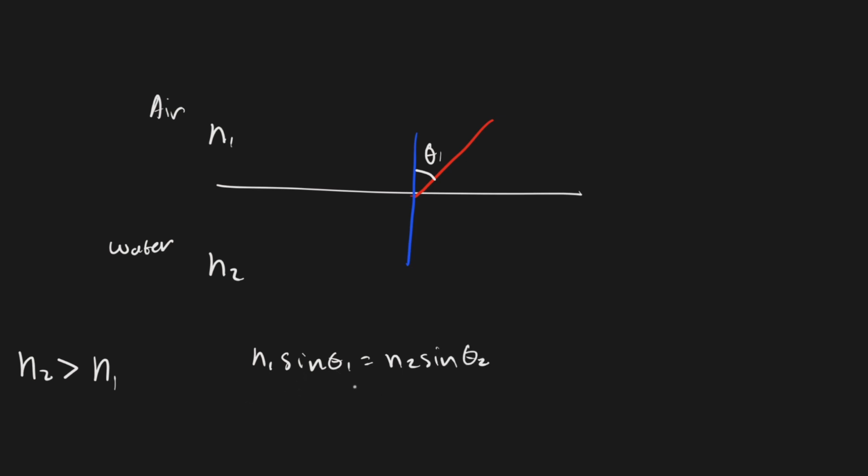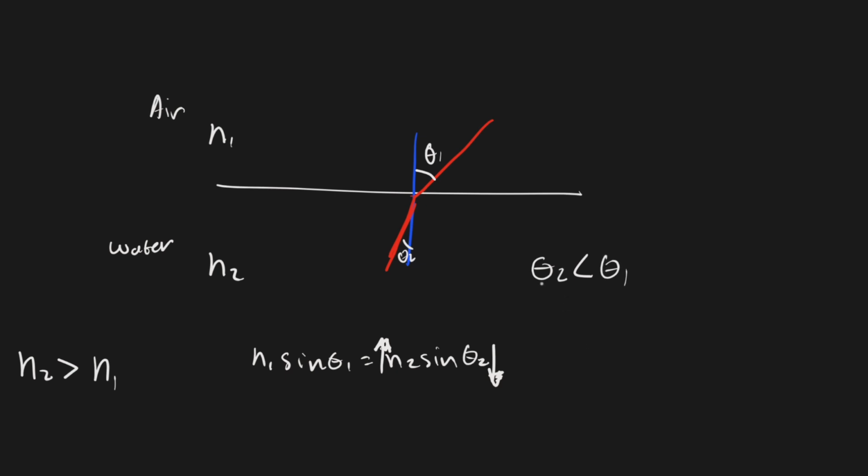And if N2 is greater than N1, theta 2 is going to decrease. That is why it will bend toward the normal, where we have theta 2 here. So we can say that theta 2 is less than theta 1.